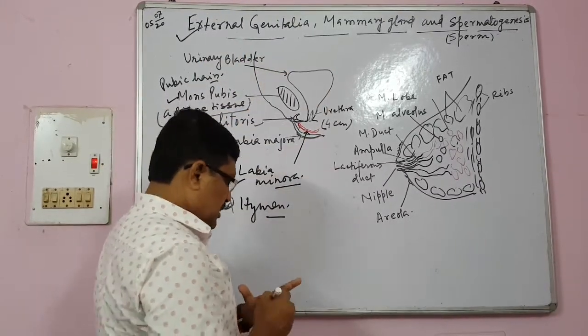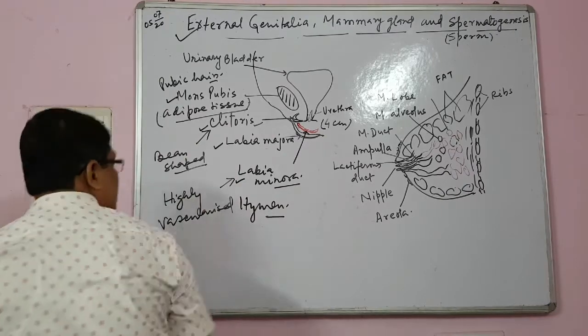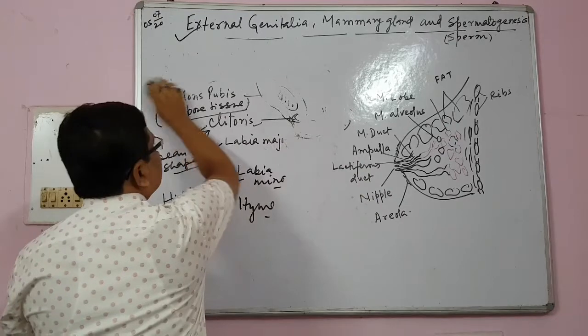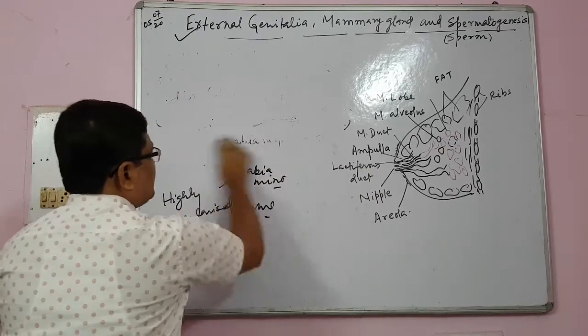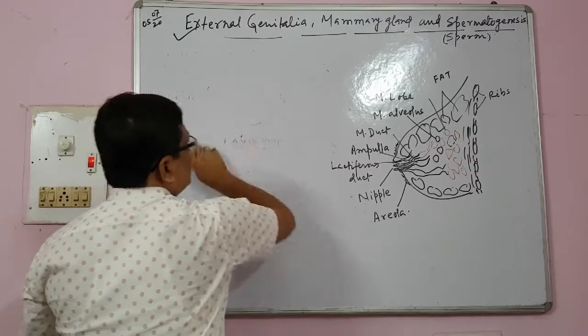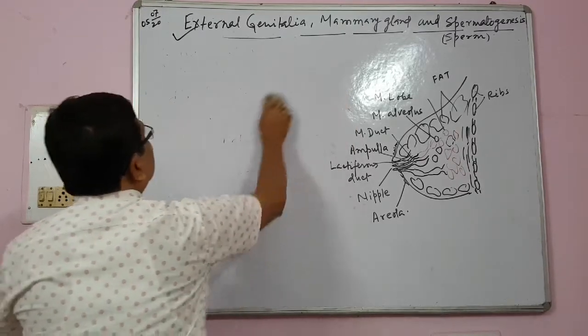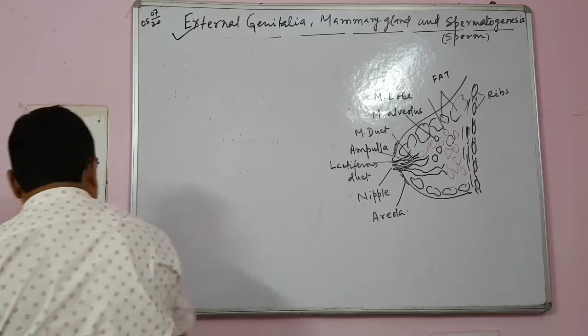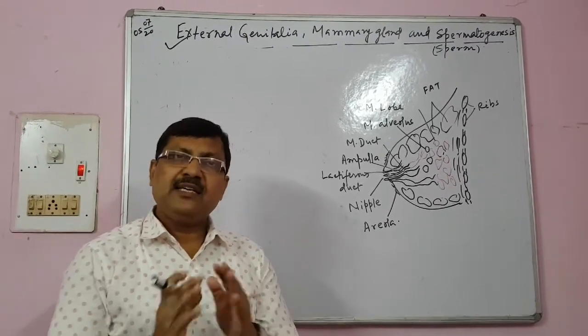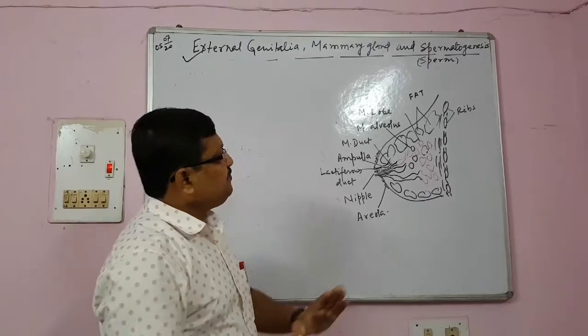Now we will discuss the mammary gland. We know that a pair of mammary glands is found in a female, and the mammary gland is functional.